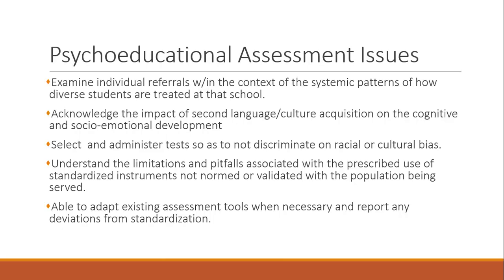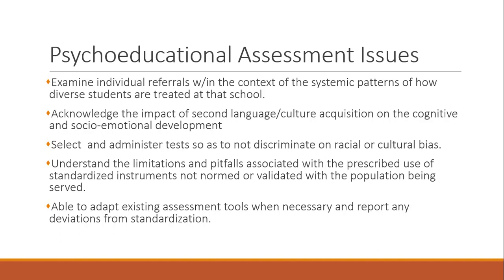So there are some general psychoeducational assessment issues. One of the things you have to look at is the referrals. We talked about this a little earlier. Are there certain groups that are being referred more often than others? You need to make sure that you're considering second language and culture acquisition in terms of cognitive and social emotional development.